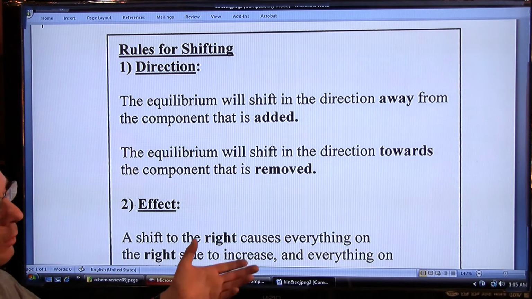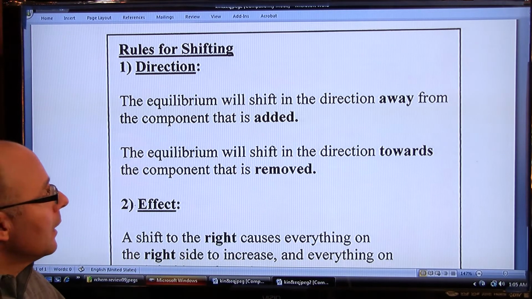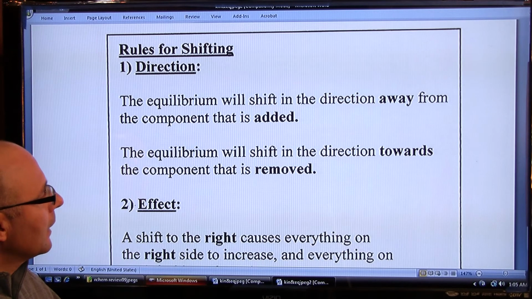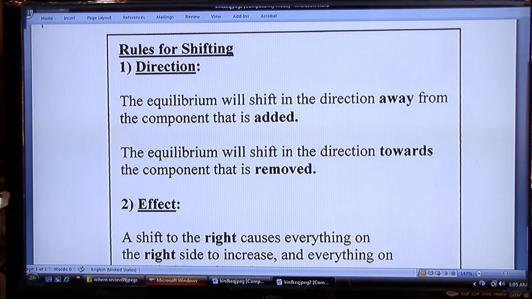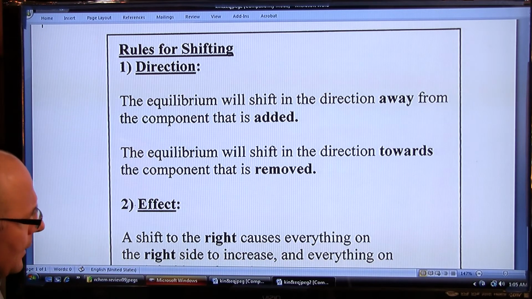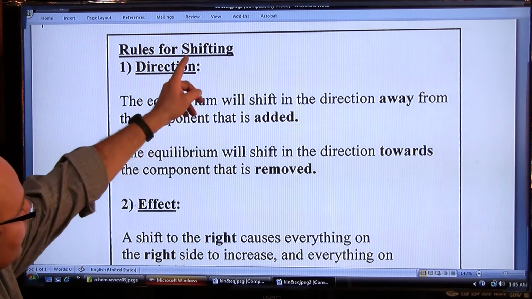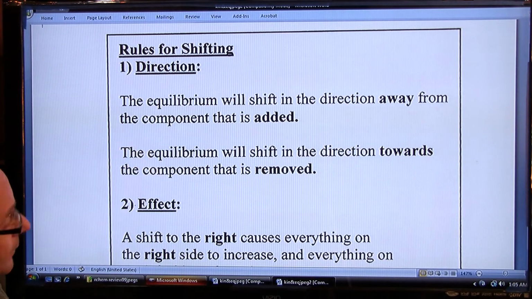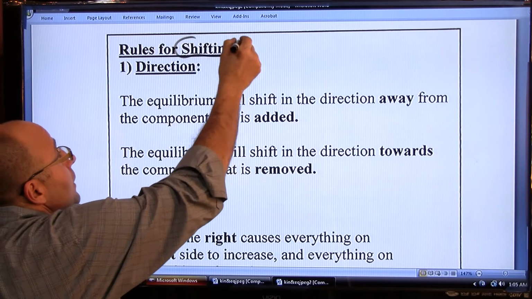You might recall this under the title Le Chatelier's, I think I pronounced it right, principle, which said that when a stress is applied to a system at equilibrium, the equilibrium will shift in the direction that relieves that stress. Or simply put, whatever you do, it tries to undo.